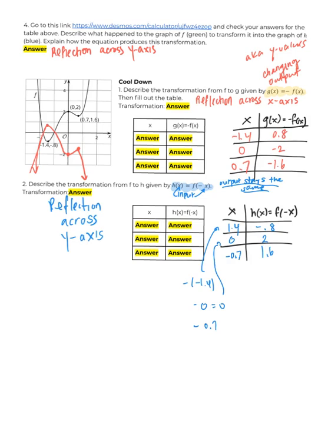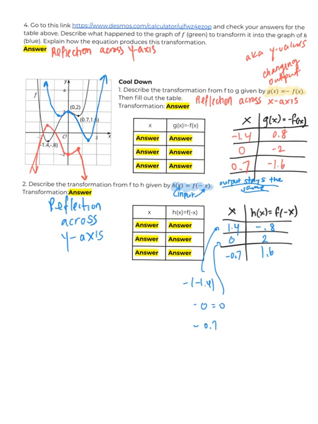So what that actually looks like is, hold on 1 second, let me draw that. Here, and then here, and then, alright, here. So now the graph looks like this.